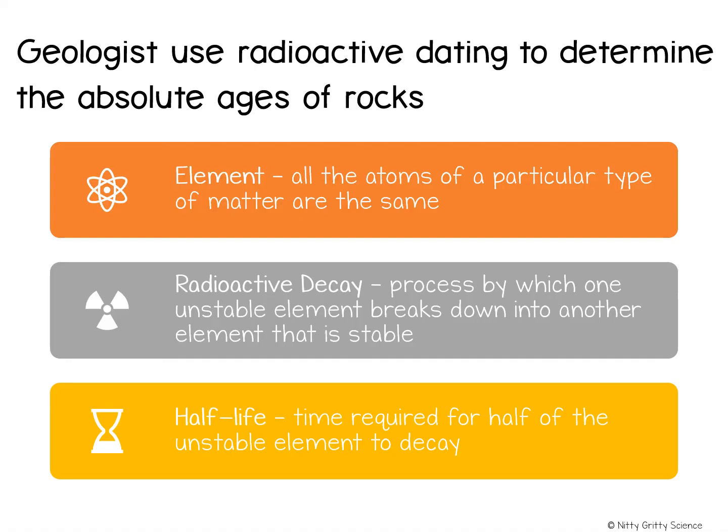So for this reason, it is not a very good indicator to date very ancient fossils or rocks. Therefore, scientists often date rocks using what is called potassium-40. Potassium-40 has a half-life of 1.3 billion years, and they have used this to date rocks and know that the Earth has been around for billions of years.